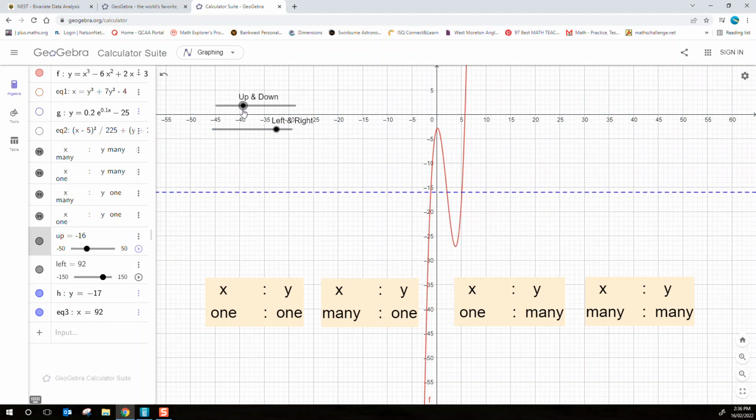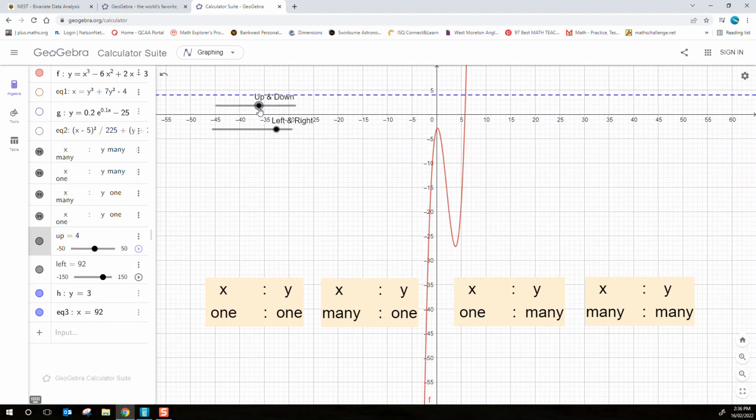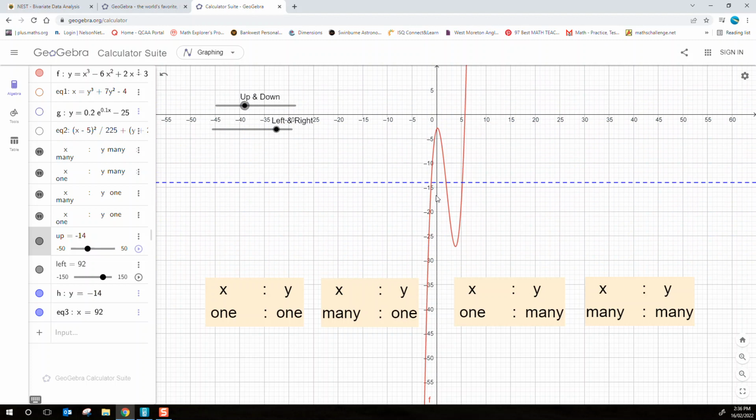Now, there are some places where this horizontal line intersects the graph many times. So horizontal means x, and here is an example of intersecting many times. So this is not going to be this one. It'll be either here, many for x, or this one over here, many for x.